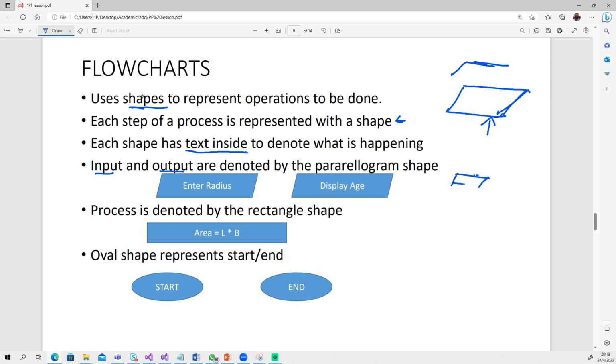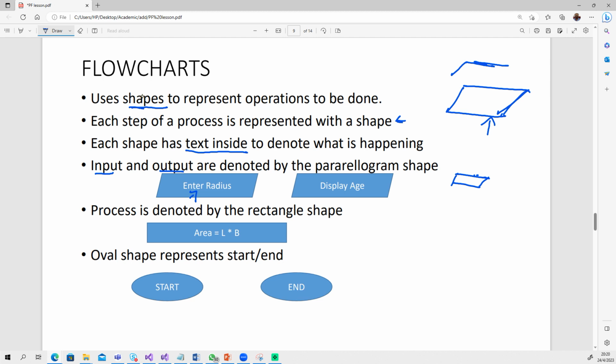That is the parallelogram. So for now, just understand that whenever you see such a shape in a flowchart, it is representing either input or output. In the example given here, you can tell that the first shape, where we're saying enter the radius, wants someone to enter a value. So in this case, this is input.